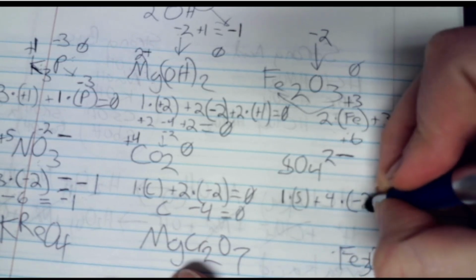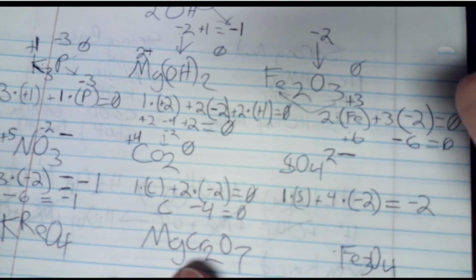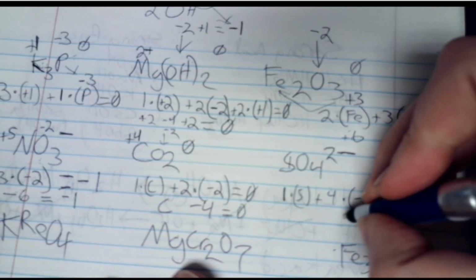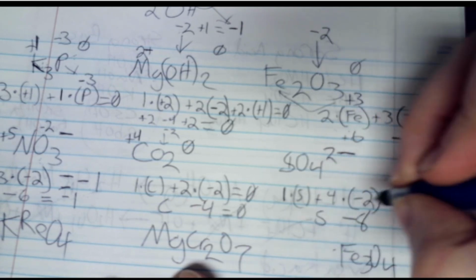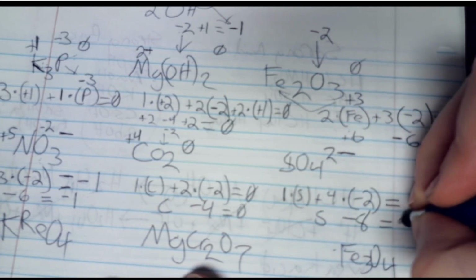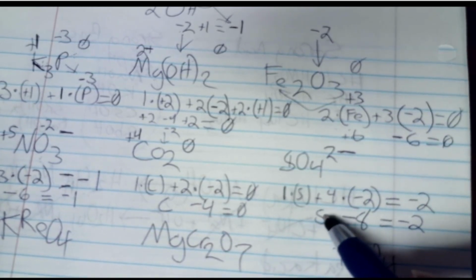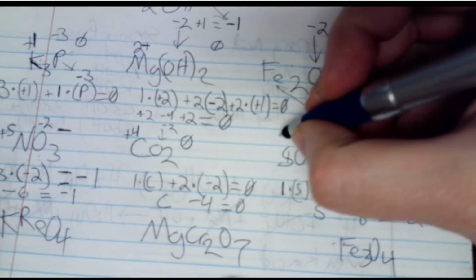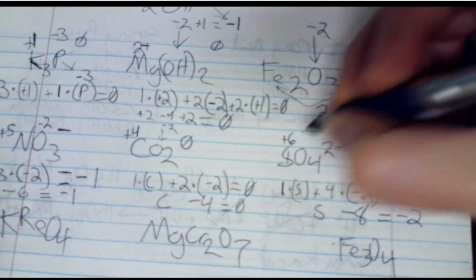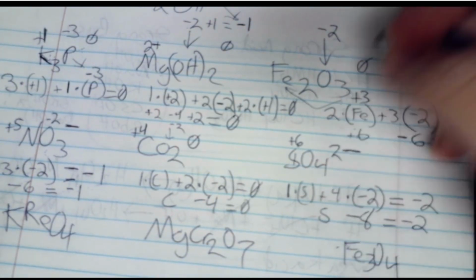Each oxygen we're going to say is -2. The net charge gives us -2. So 4 times -2 is -8. So whatever the sulfur is, sulfur minus 8 is -2. The only way to get -2 from -8 is by adding +6. So sulfur is equal to +6.